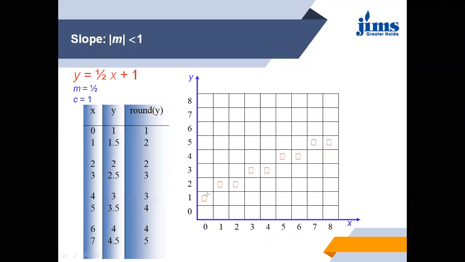So the line will be in this form. So this is not a straight line, means this is not a smooth line. But when we see this line on the display unit, then the line will be seen like this.